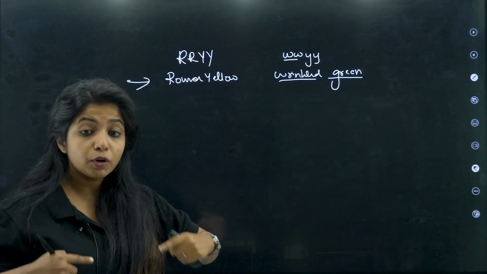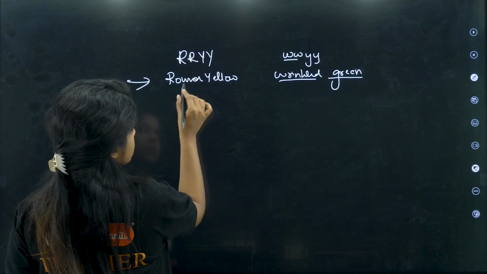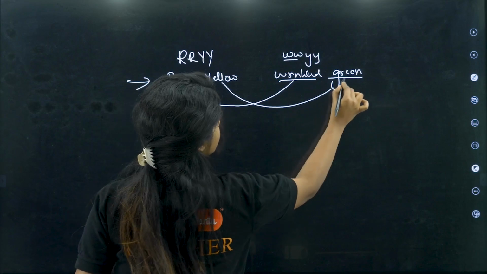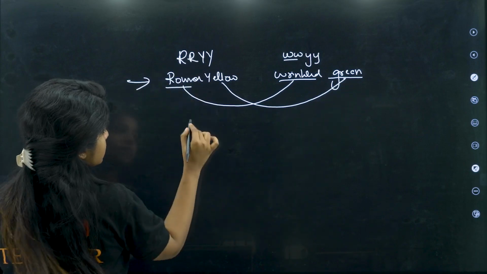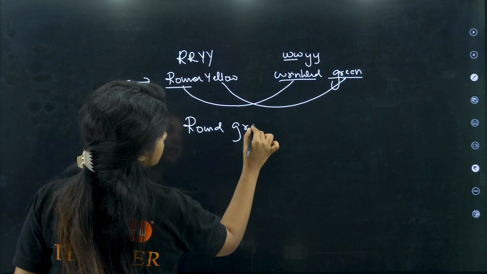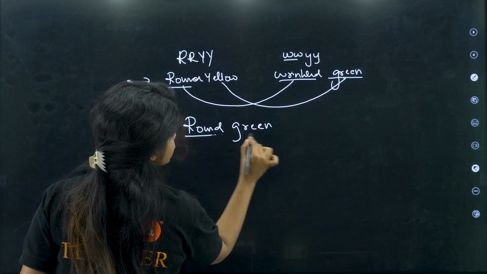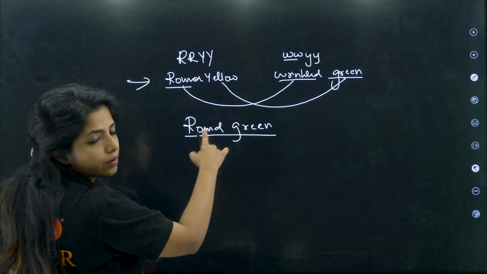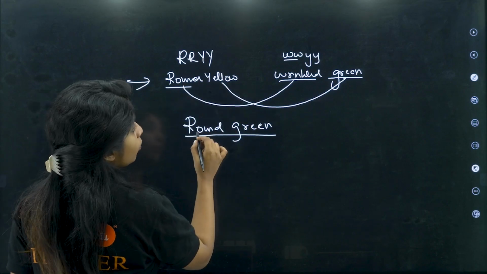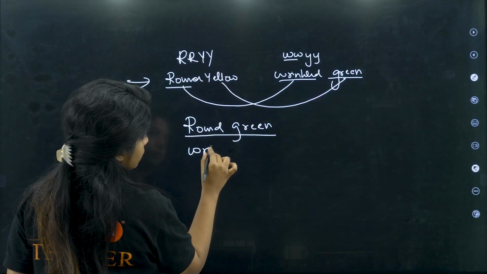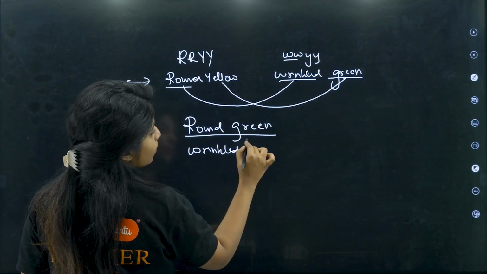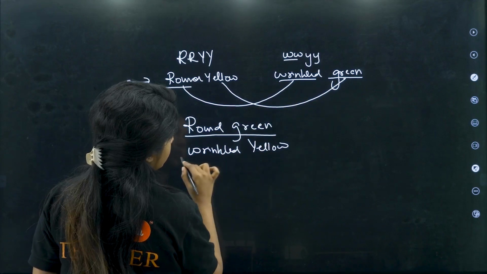Now, when you are asked about new combinations, make combinations like this. Round and wrinkled are a pair of contrasting traits, yellow and green are a pair of contrasting traits. So let's take round first and pair it with the next thing, that is green. So this is one new combination that you will be finding. You cannot put round and wrinkled, as either of them will be coming in one plant. Again, wrinkled was with green, now this time you can put it with yellow.